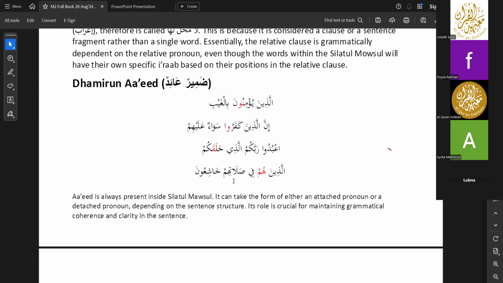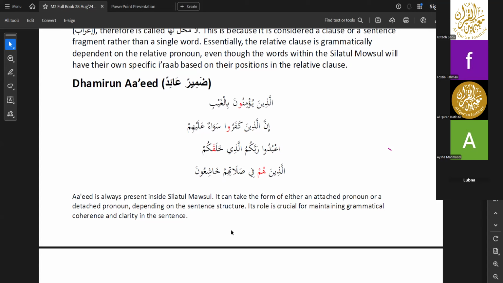Kafaru, allazina. And khalaqa, it's huwa. So huwa is the damirun aid, not anything else. It's the detached pronoun hidden within the Silatul Mawsul. If it doesn't exist, it is not a Silatul Mawsul.